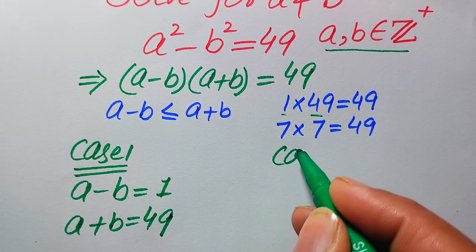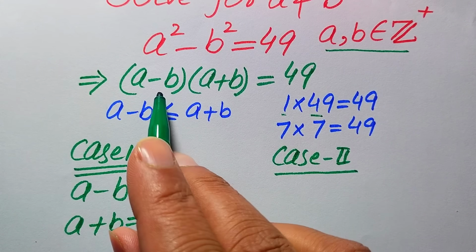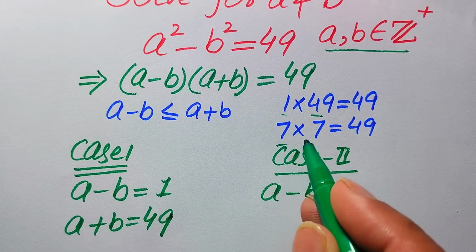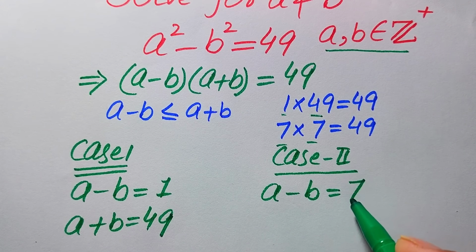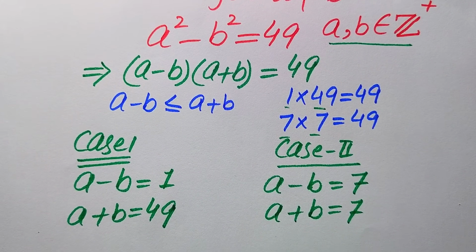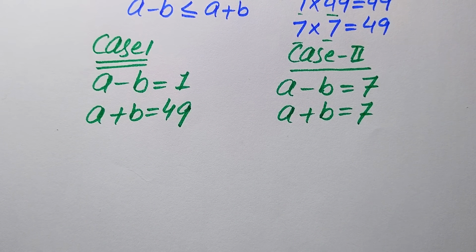And here we write the second case, and in the second case we again compare both of these two values with these two numbers, and it becomes a minus b equals 7 and a plus b is also equal to 7. So we have these two cases, and we need to solve both of these cases, and we easily get the values of a and b.